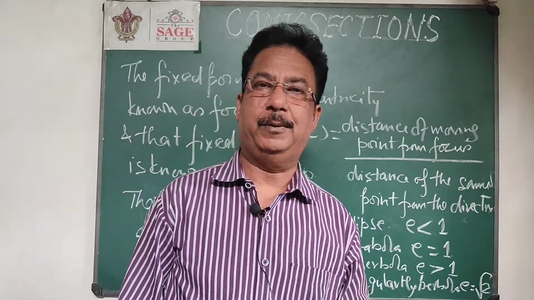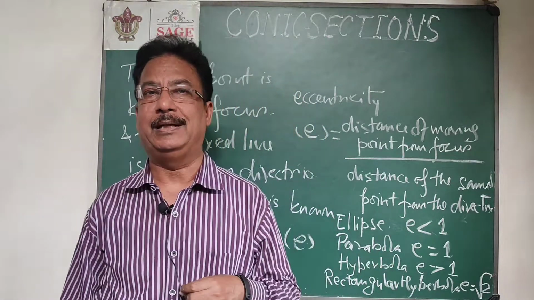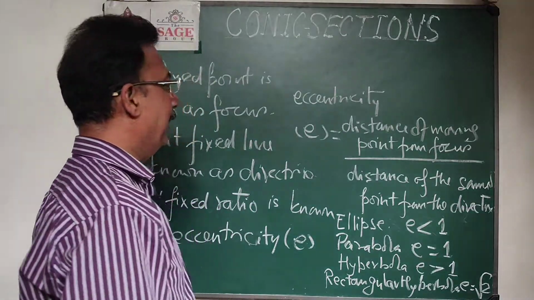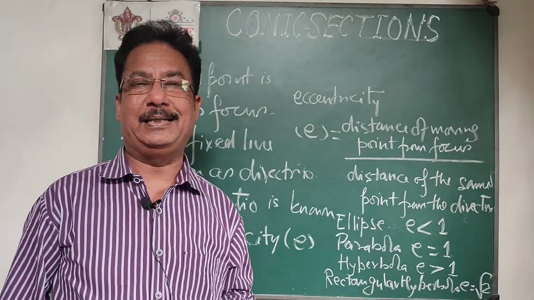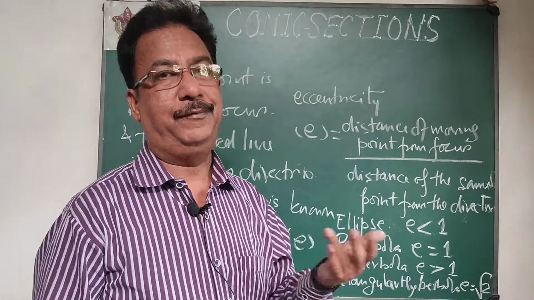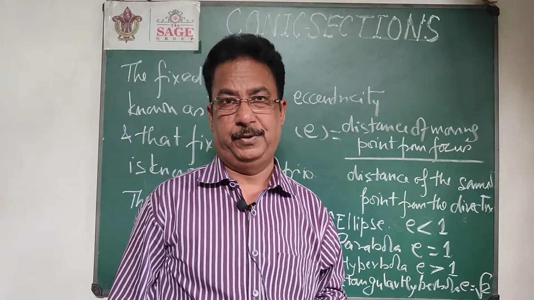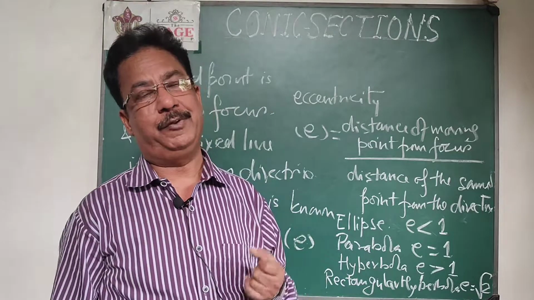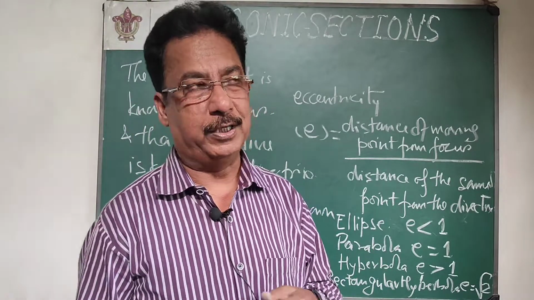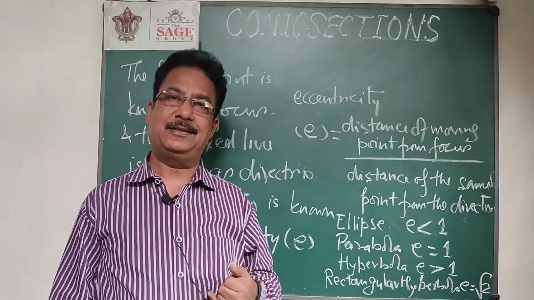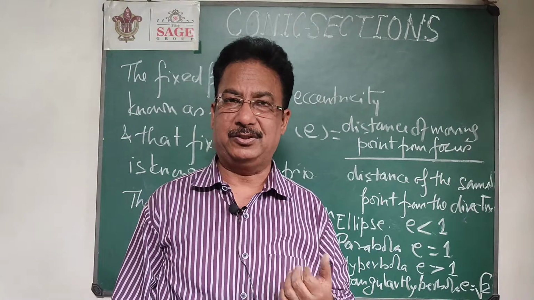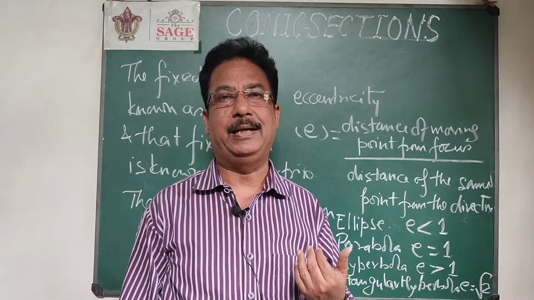Whenever we talk about eccentricity, we talk about the directrix, and normally whenever we draw a vertical line, that will be treated as the directrix, and the line perpendicular to the directrix will in future be the axis of the curve. So the main terms will be the directrix, the axis, and the focus. In the next class we are going to study different methods for construction of these curves: ellipse, parabola and hyperbola.